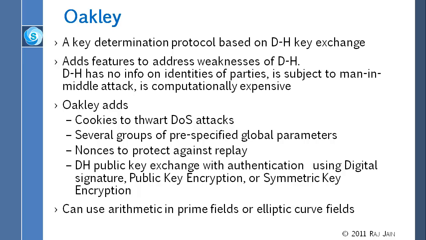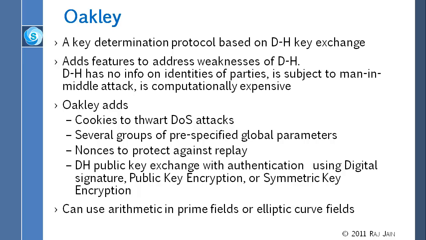And so somehow you basically exchange the keys. Can use arithmetic in prime fields or elliptic curve fields. So they use both. We saw the RSA, which was arithmetic in the prime fields, and we saw elliptic curves. Remember elliptic curves? To add 2 points, you had to do all this math. So all that is used here in the real world.